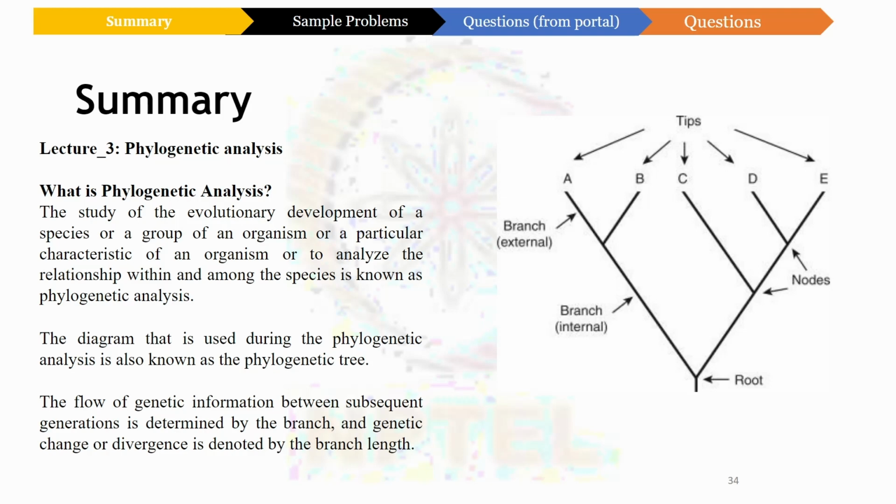Okay, so in some cases an outgroup may be included in a phylogenetic tree. When we construct a tree here, for example, C, D, and E are kind of similar in the evolutionary sense, and A and B are a little distant when we compare them with C, D, and E. So an outgroup is a taxon, that is a single organism or a group of organisms, that is known to be distantly related.